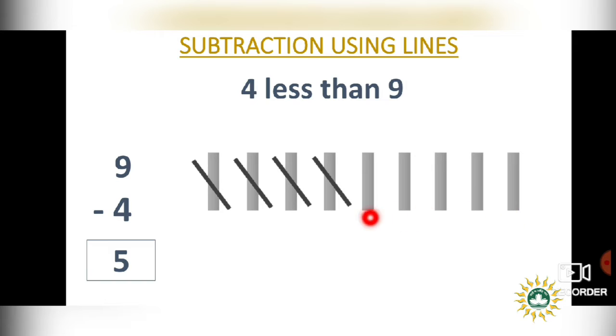So from these 9 lines, we have to take away 4. So let's cross out 4 lines. 1, 2, 3, 4. So now we have to count the remaining lines to get the answer. How much is 9 minus 4? 1, 2, 3, 4, 5. So children, if we take away 4 from 9, we get 5.